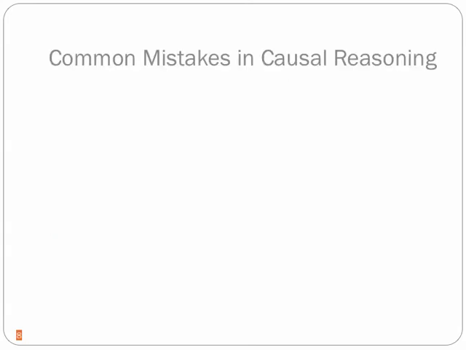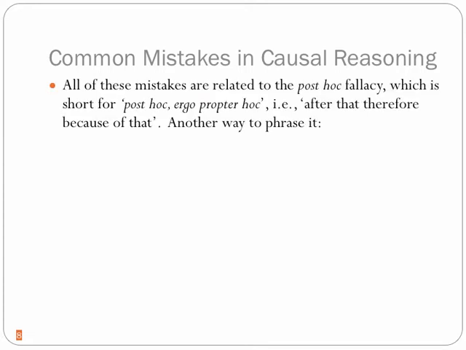All right, so we talked about classifying causal arguments. Let's talk about some mistakes that often are made when you reason like this. Before I go into the specific ones, just note that all of these are examples of a fallacy related to causation that has this funky Latin-sounding name, the post hoc fallacy.